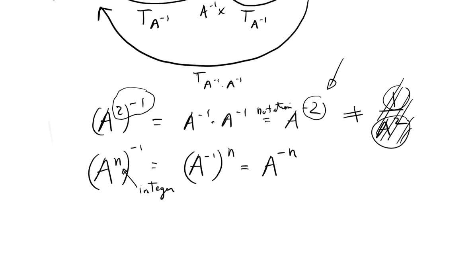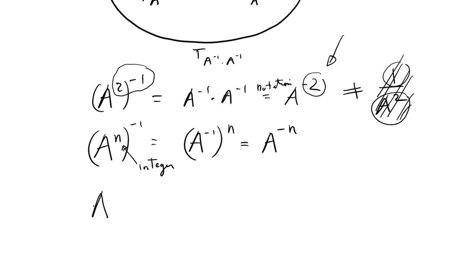By the way, this is also the same as if you write A to the minus 1 to the n. Well, what is that? That's A to the minus 1 times A to the minus 1, n times.